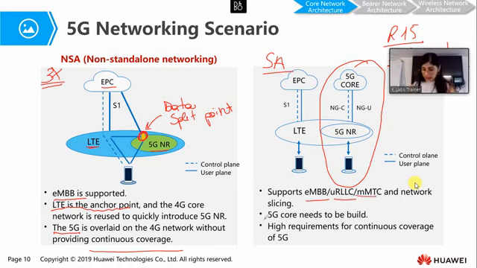We need the 5G core network, and we have a high requirement for continuous coverage because now it is an independent network, so we cannot rely upon the 4G network to provide coverage. If we have an independent 5G network, then we need to have continuous coverage.